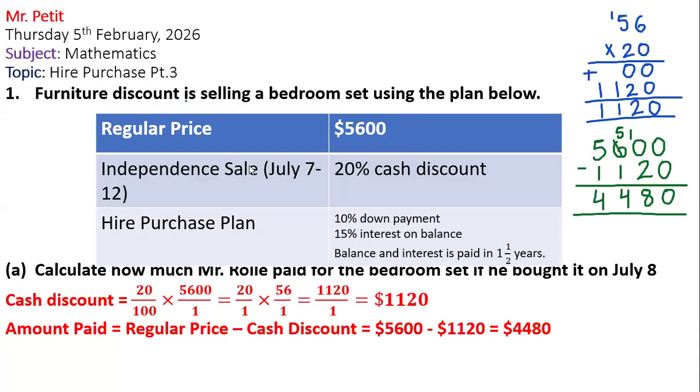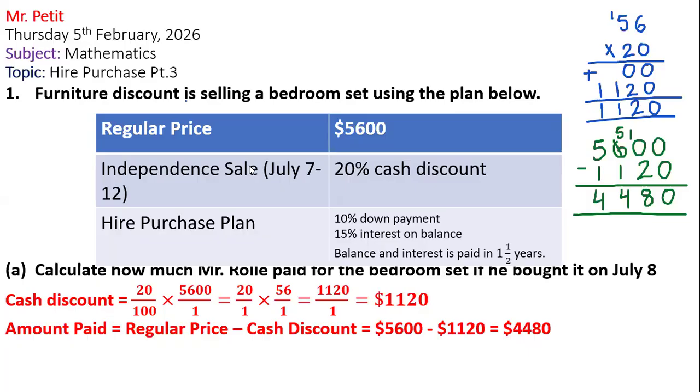Dominic, can you go ahead and explain how we got this step by step? All of it? Yeah, all of it. Okay. So we put 20 over 100 because it's a 20% cash discount, and 5,600 over 1 because the regular price is 5,600.